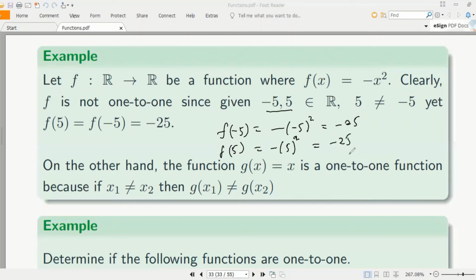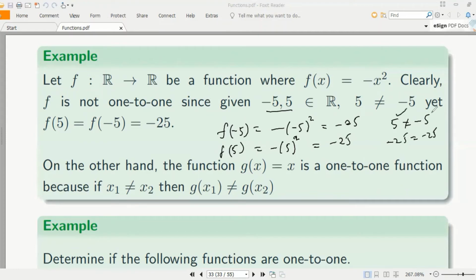What I notice here is that I had two different inputs that have given me the same output. 5 was different from negative 5, but I found that the output was negative 25, which is the same as negative 25.